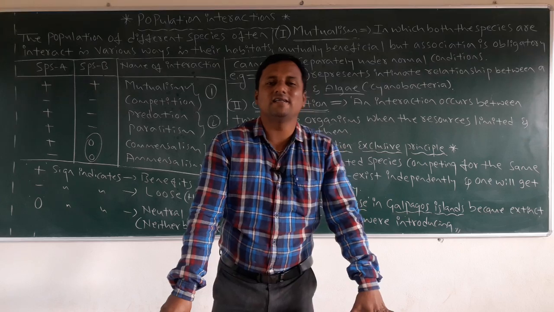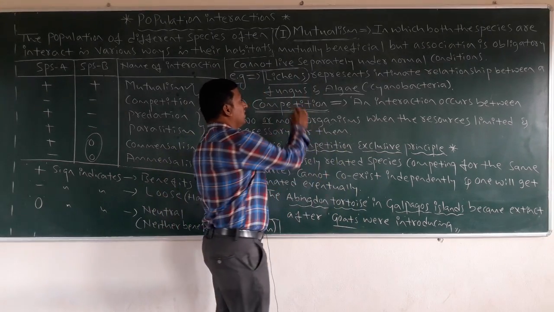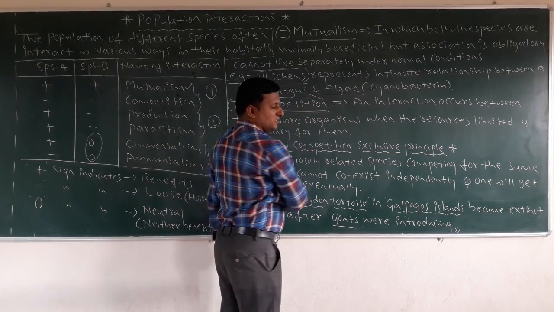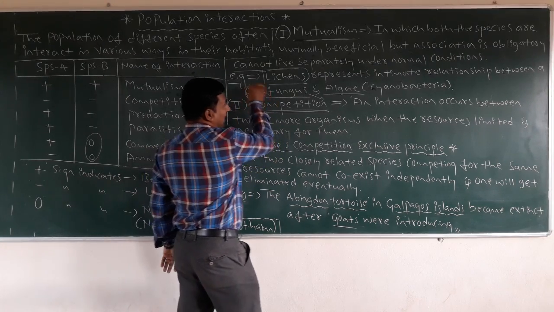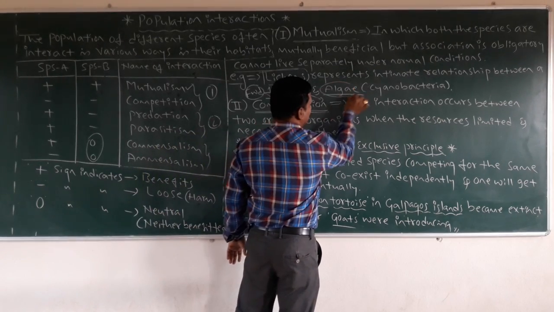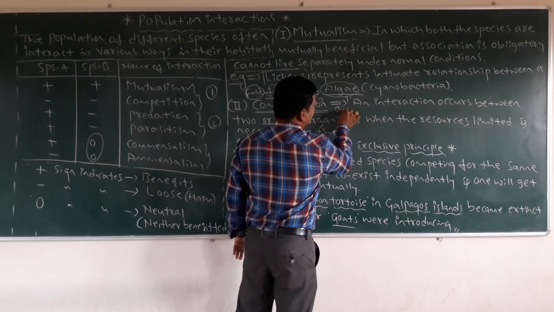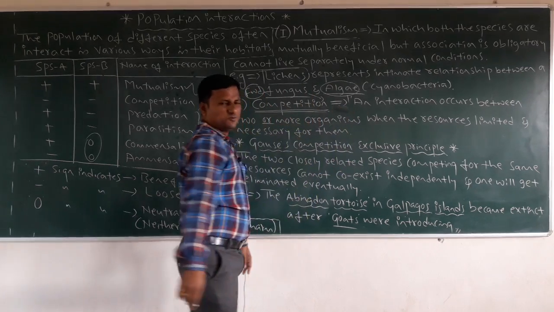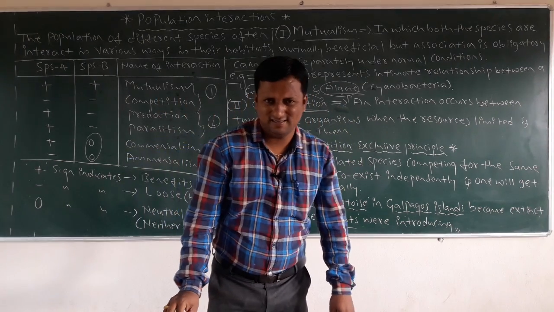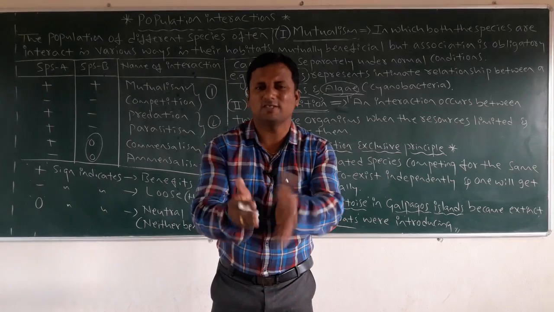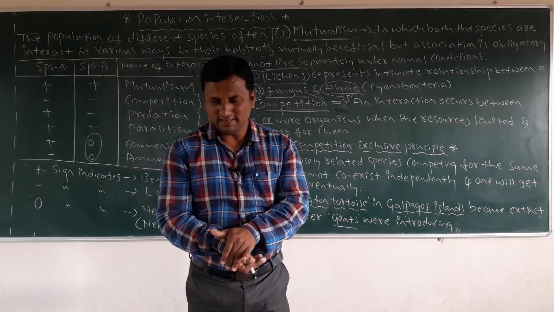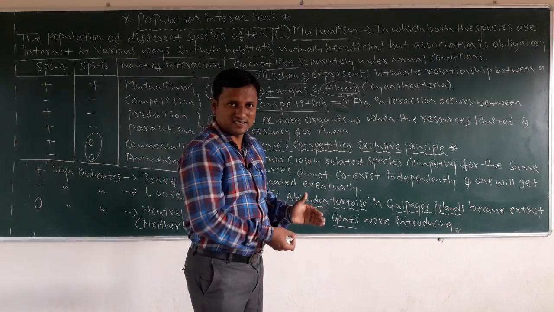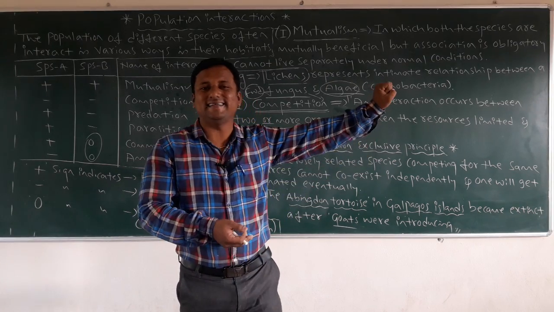How is this intimate relationship? The fungi provide the food for algae, and algae in turn give the shelter. You must remember what that shelter is: it must be present, it must be the habitat. The habitat is provided by the algae, and the fungus gives the food to the algae.